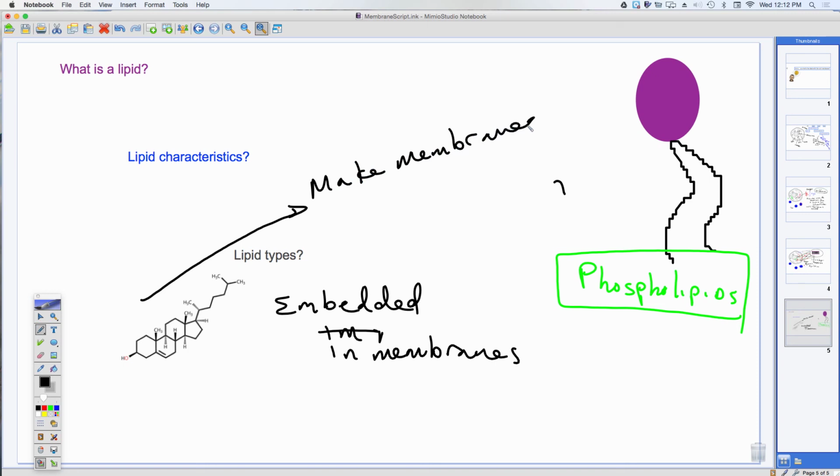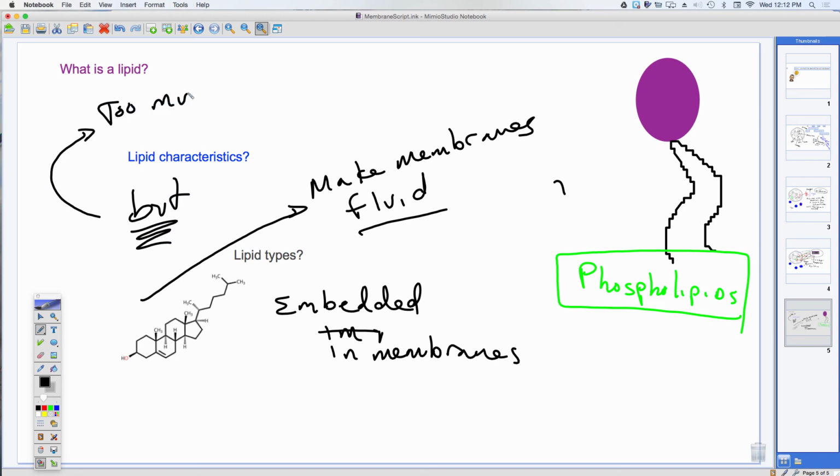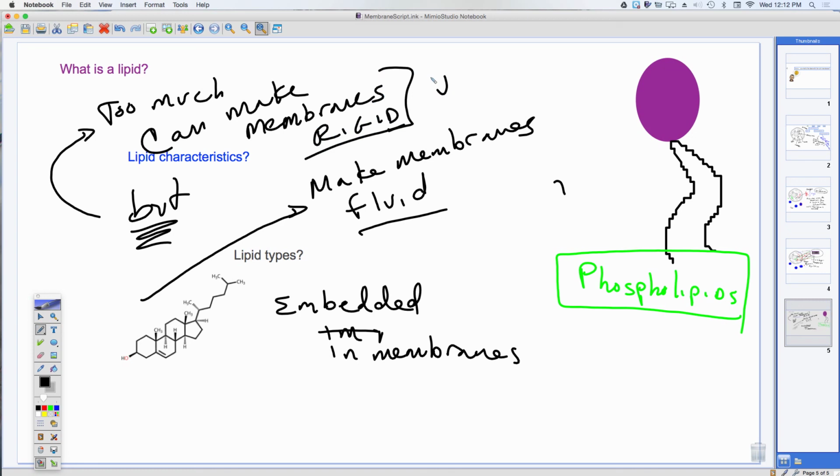And they keep membranes fluid, but if you have too much, they can make membranes rigid.